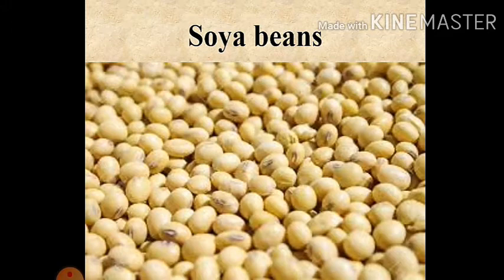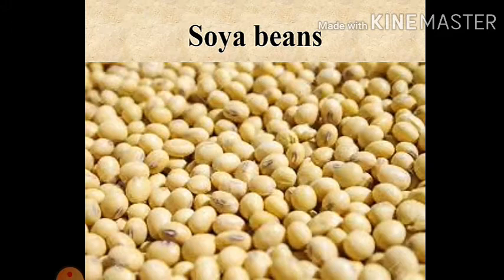If we want to eat healthy food, these oil seeds are very important because they give us so many nutrients and minerals, and it is really very important for our growth. So these oil seeds are very important for a healthy diet. Again, let's learn what are oil seeds.